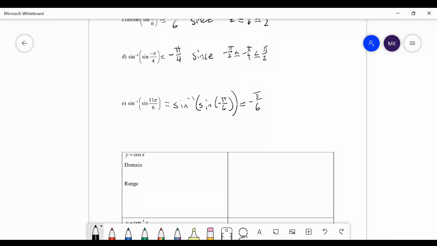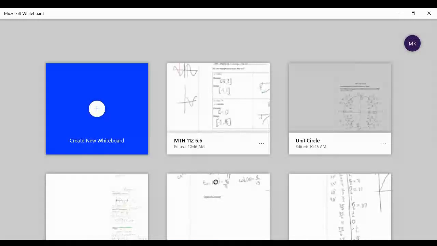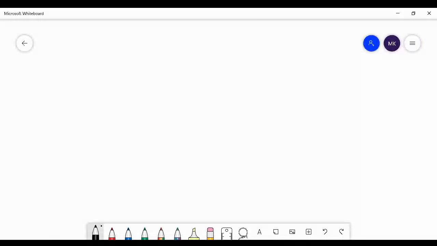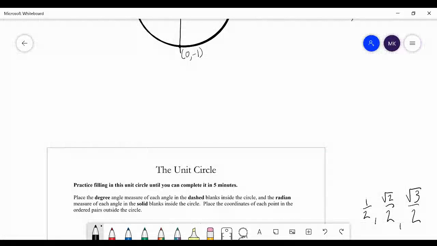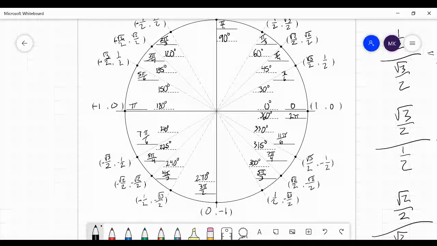And so this is the most challenging part with these inverse functions, finding that equivalent piece within that area of the unit circle. Now, I want to jump back real quick to our unit circle. What if we had something like 3 pi over 4?